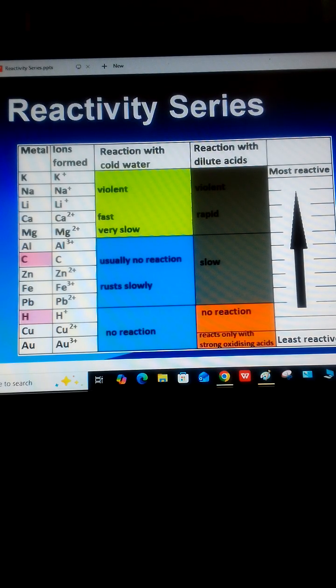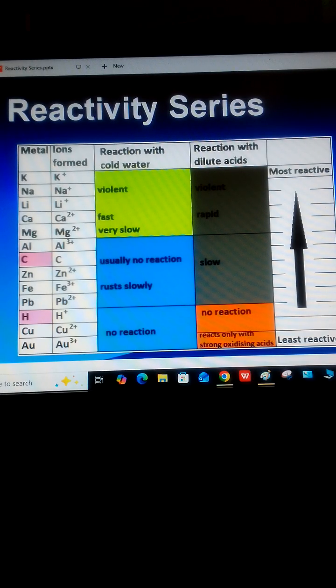Metals above hydrogen in the series can displace hydrogen from acids such as hydrochloric acid and sulfuric acid. So this is hydrogen, okay? So those metals which are above hydrogen in this series can displace hydrogen from acids such as hydrochloric acid and sulfuric acid.